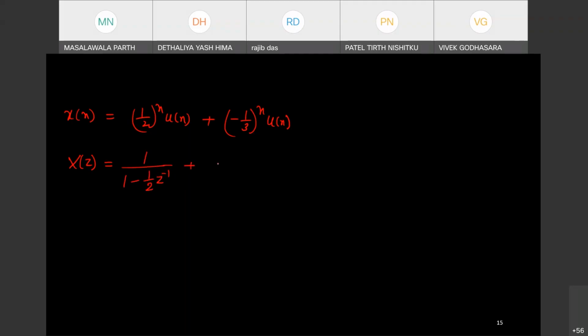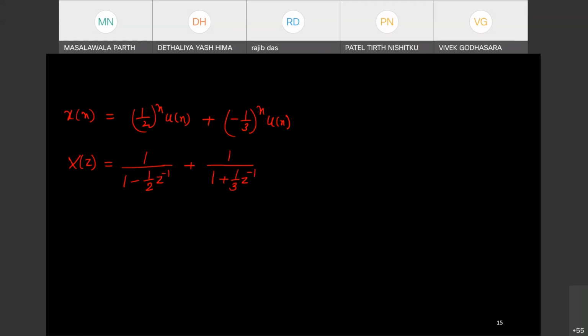And second one, can you tell me? What is the expression for the second term? Anyone? This is 1 plus, so minus minus plus alpha is minus 1 over 3. This is minus 1 upon 3, z to the power minus 1.